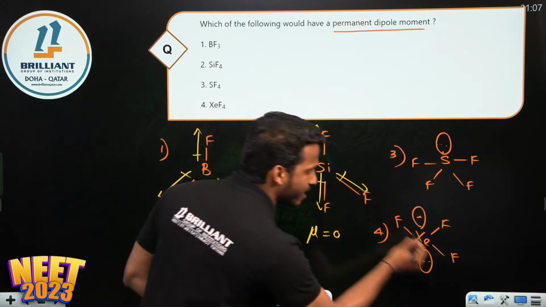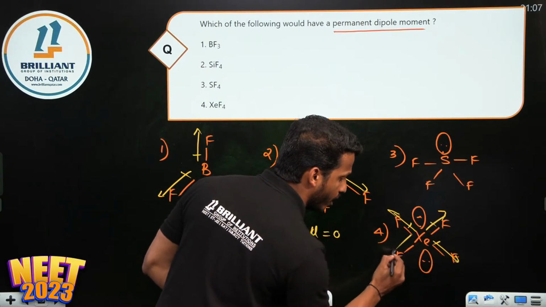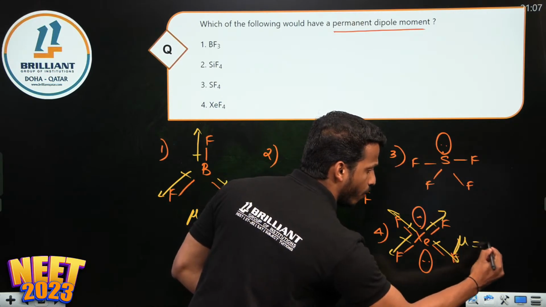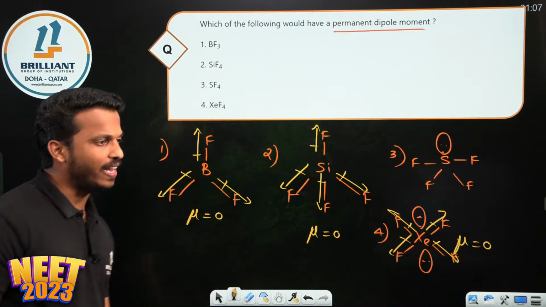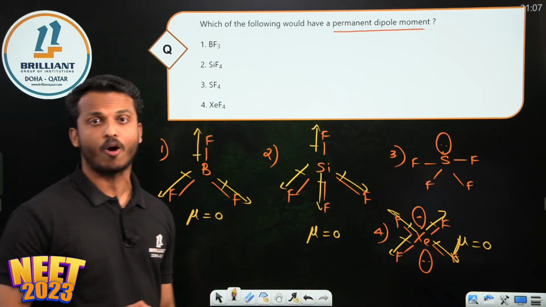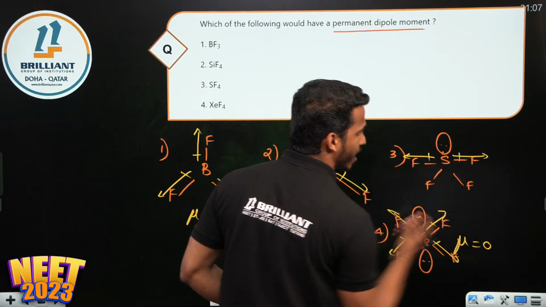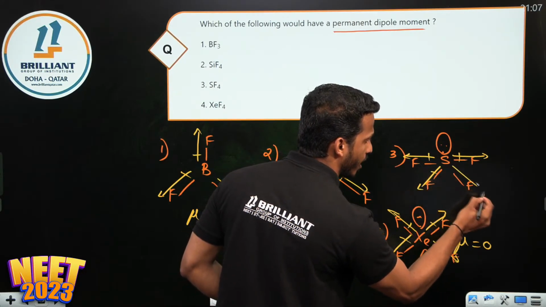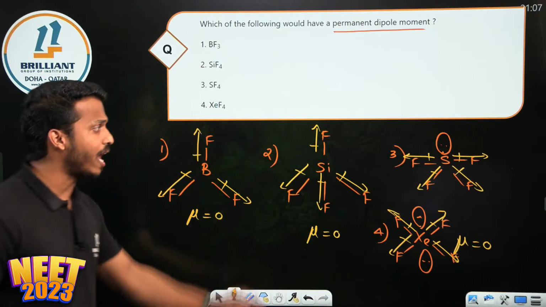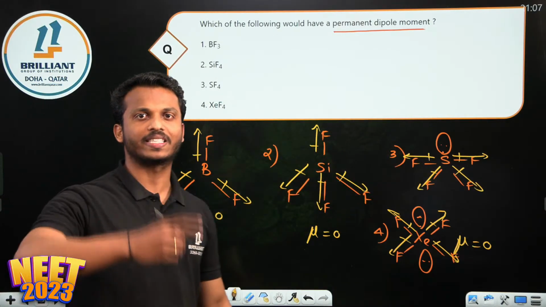And in XeF4, these fluorines cancel each other, so here also the dipole moment is equal to 0. But in the case of the third compound, these fluorines cancel, but what about this one, dear all? It is not cancelling. It has a permanent dipole moment. Yes, option C is the correct answer.